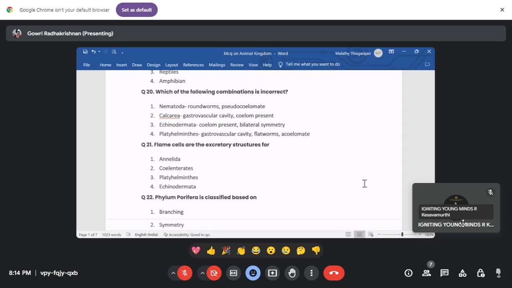Option 2, ma'am. Option 2 is right. Calcarea, gastrovascular cavity, coelom present. Correct.